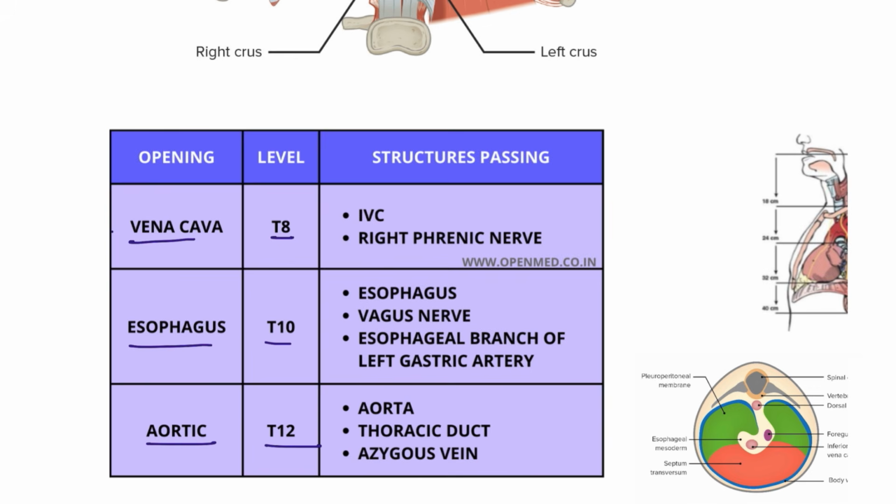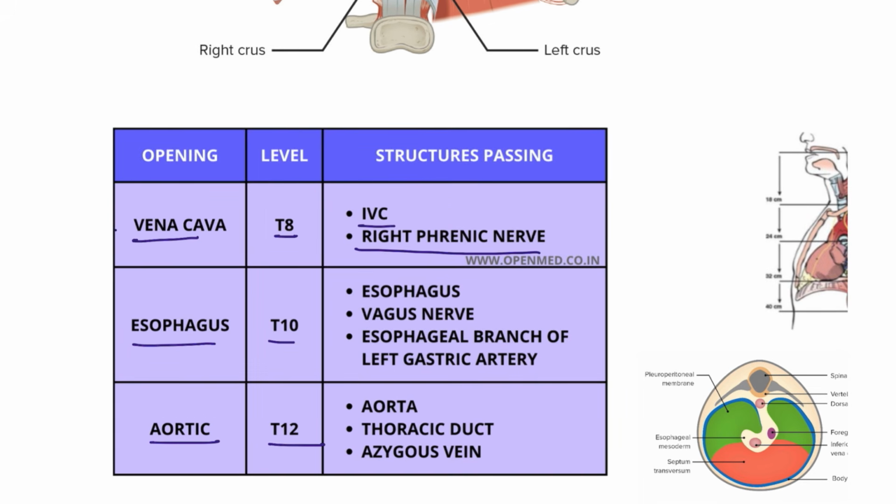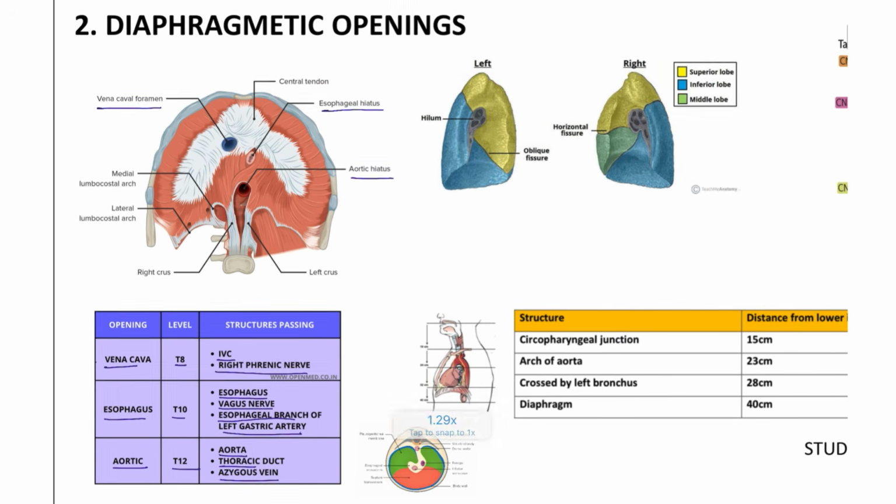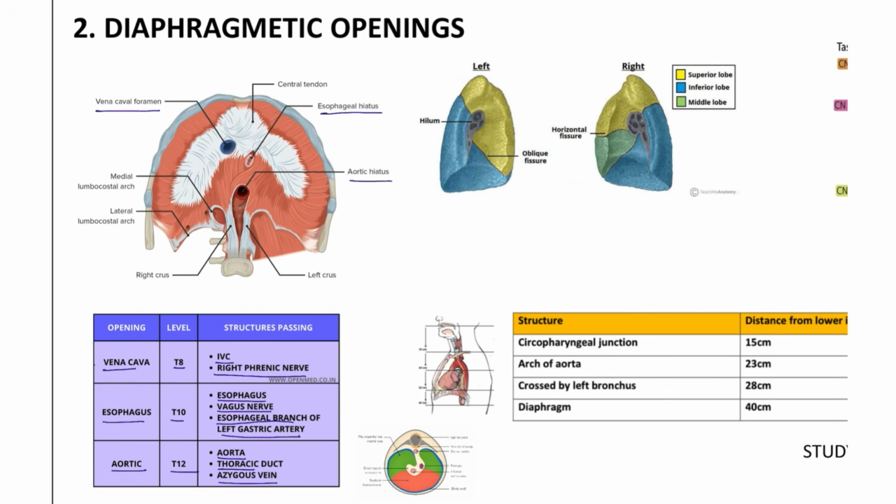Through the vena cava opening, the inferior vena cava and the right phrenic nerve pass. Through the esophageal hiatus, the vagus nerve and the esophageal branch of the left gastric vessels pass. Through the aortic hiatus, the thoracic duct and azygos vein pass. These are the contents passing through the diaphragmatic openings.